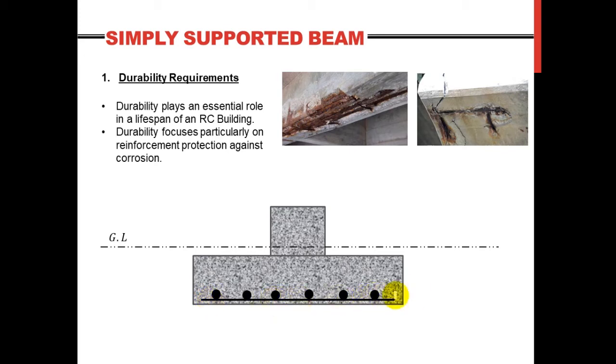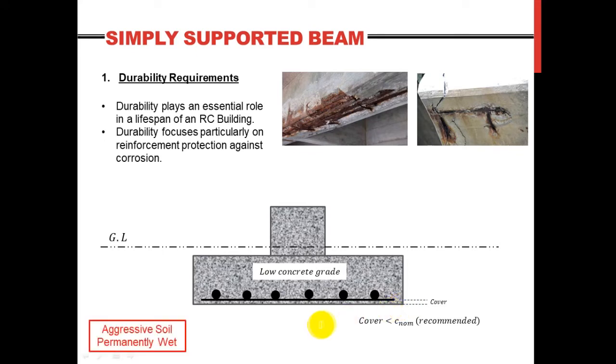Yet I failed to put an adequate cover or used poor concrete quality with low grades, and I ignore the fact that the soil I have designed my footing on is aggressive and permanently wet. By failing to follow the design recommendations for durability, the possibility of rebars getting rusted is very high.